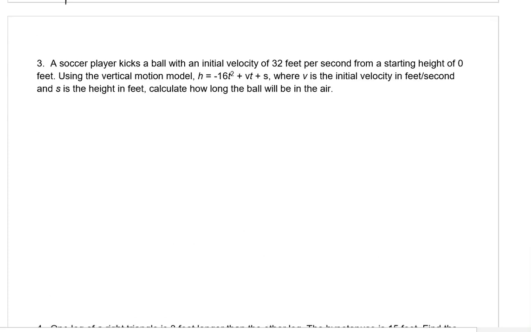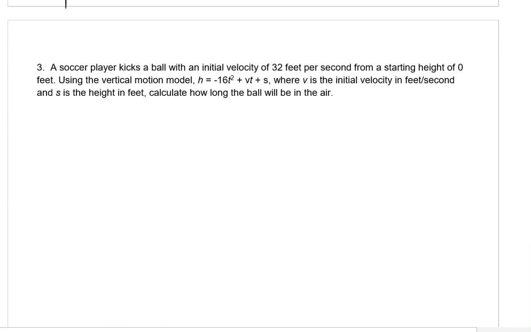All right. A soccer player kicks a ball with an initial velocity of 32 feet per second from a starting height of 0 feet. Using the vertical motion model, negative 16t squared, this is the one for feet, plus v naught t, the initial velocity, so the initial velocity is 32, so this will be 32t.